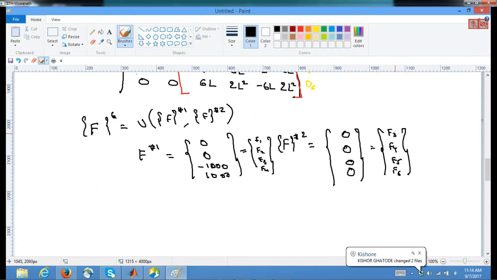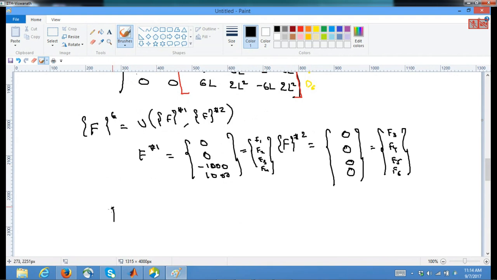You should understand that this f3, f4 is the loading at node 2 coming from element 2, and this f3, f4 is the loading coming from element 1. So these are a part of f3 in the global assembly.